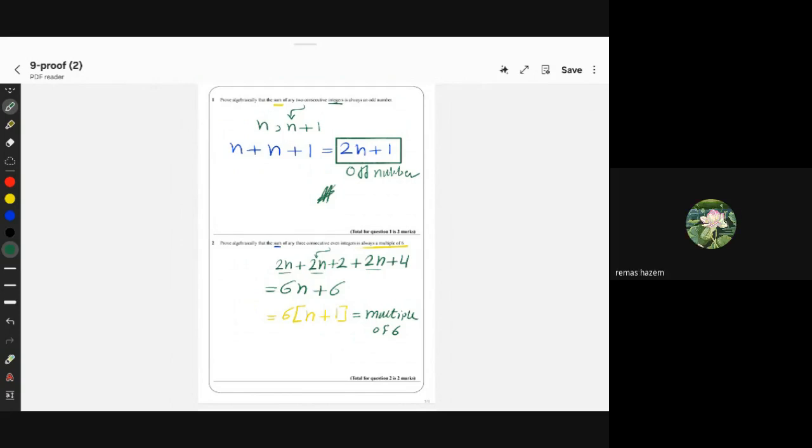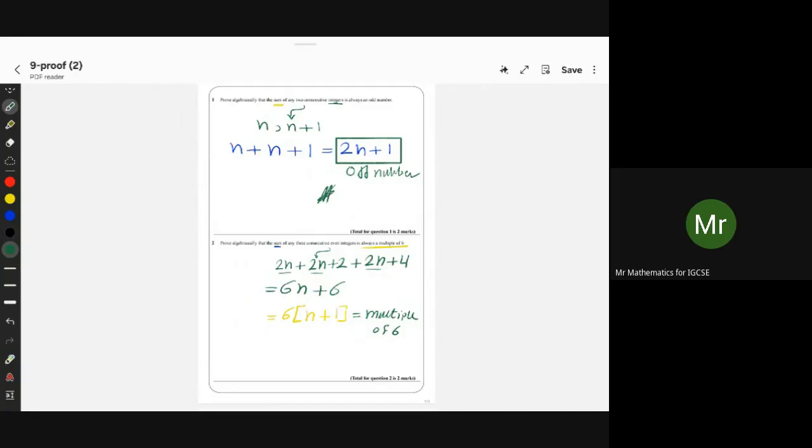When do I minus? When he says the difference. Wait, so the odd numbers are just n and n plus 1?